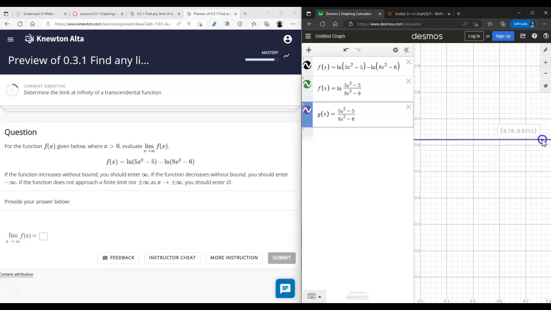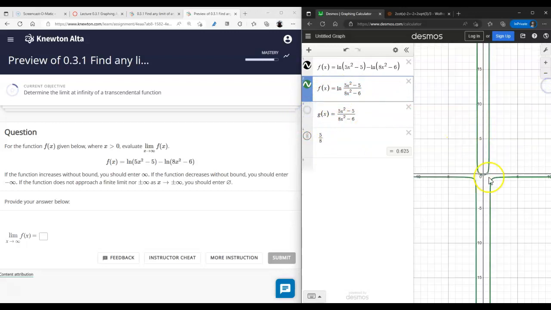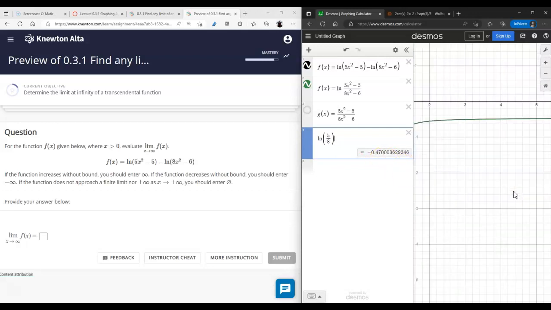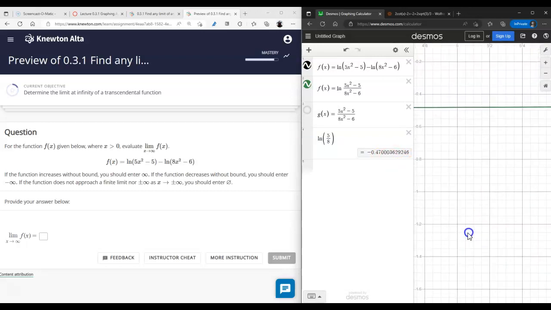What is the limit of this function? Do you recognize this? Well, it's just the ratio of the leading coefficients. And therefore, the limit of the original function as x approaches infinity is the ln of this. As you can tell, this is a number that is close to negative 0.5, but not quite negative 0.5.